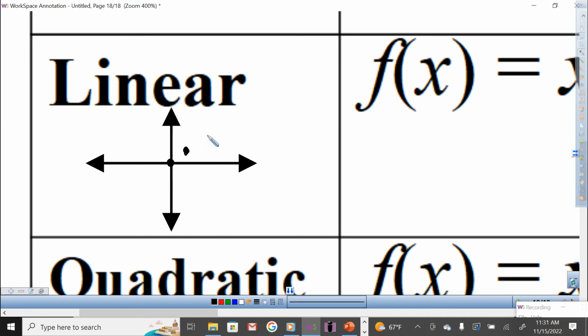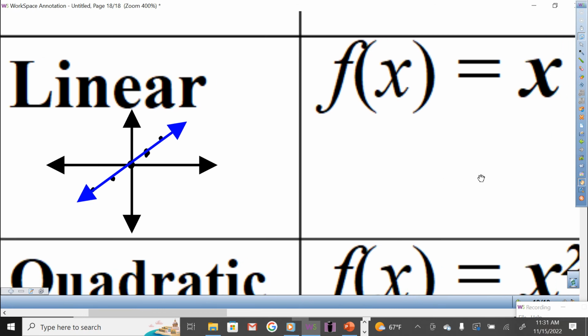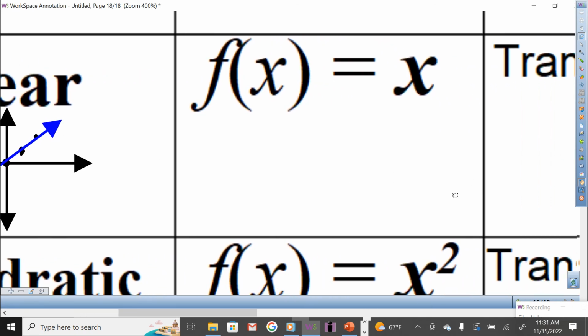Now, the linear is always symmetrical. For every 1 of the run, 1 of the rise. So therefore, 1, 1, what would be next? 2, 2, 3, 3, 4, 4. If I go the other way, -1, -1, -2, -2, and so on and so forth. So my linear function, parent function, looks like this. There it is. Have we been working with that? Yes. But that's the linear parent function. Okay? All right. So that's a graph.